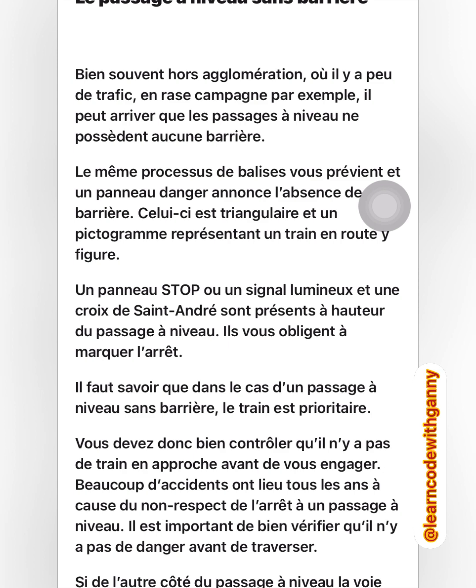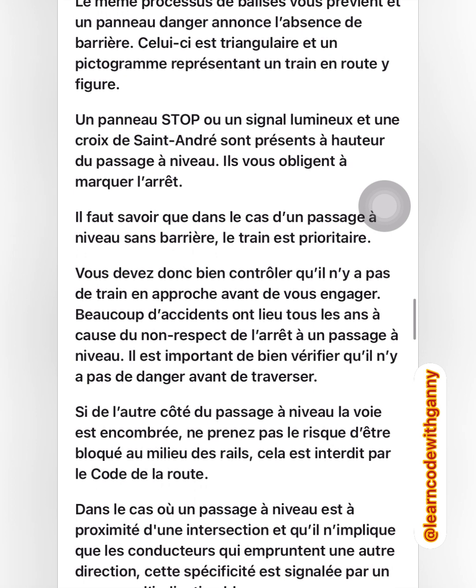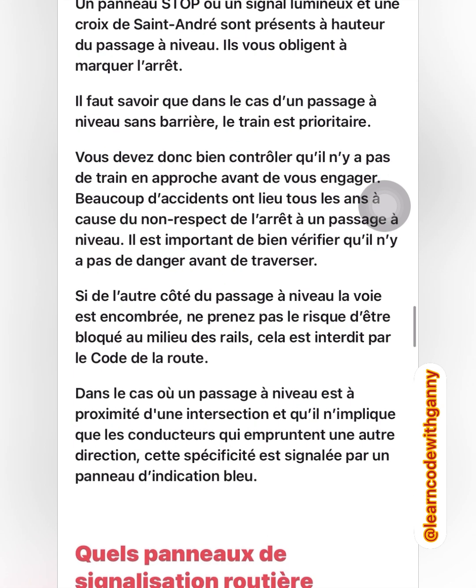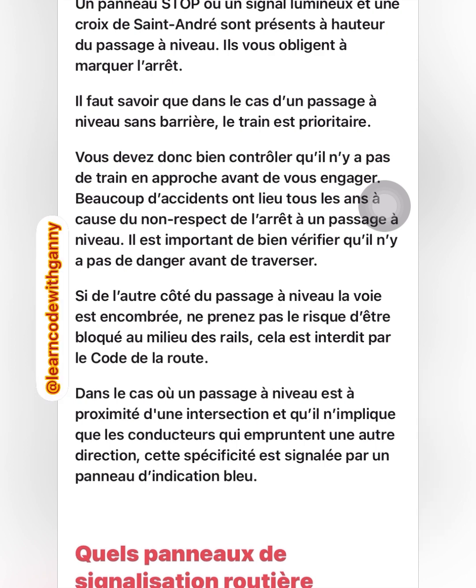They force you to stop. It should be noted that in the case of a level crossing without a barrier, the train has priority. Just know that the train has priority. You must therefore check that there is no train approaching before you commit yourself to the railway.